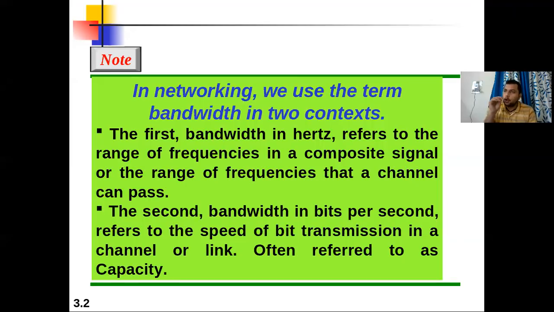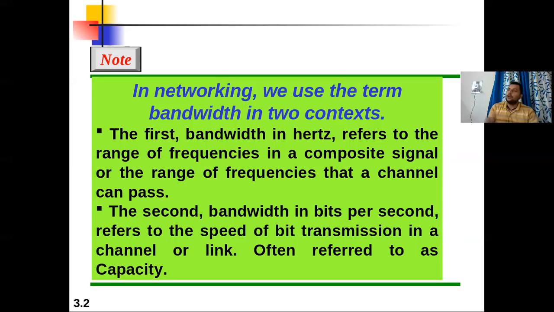If we are using copper wire, it has a certain frequency range which you can pass through it. Beyond that frequency range, if you try to pass it, it will not reach the destination, it will not reach the next end of the copper wire. So every medium is associated with a range of frequencies which it can support. That range is called the frequency bandwidth, that we calculate in terms of hertz.